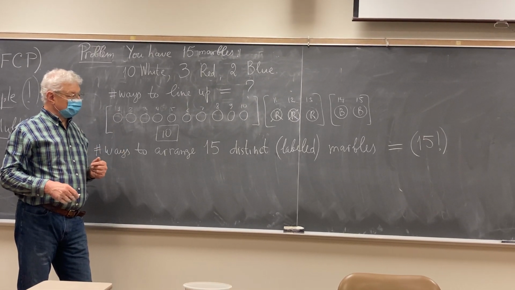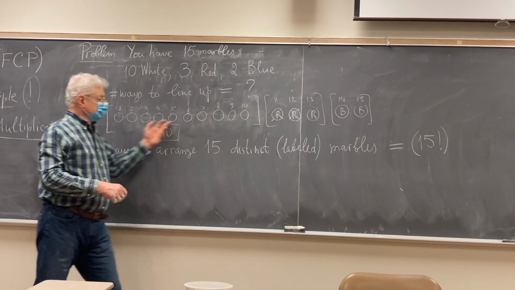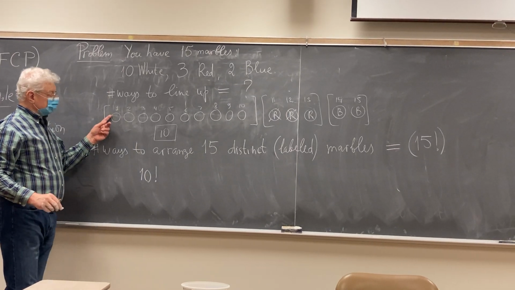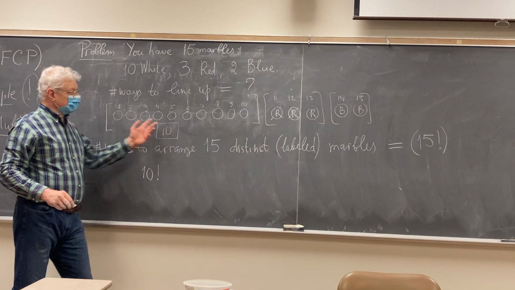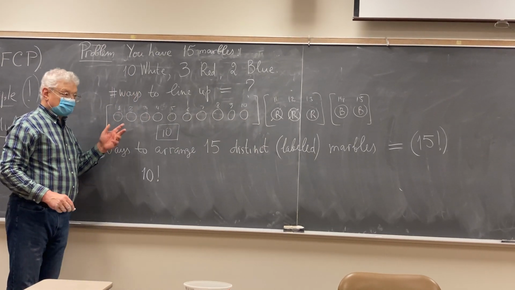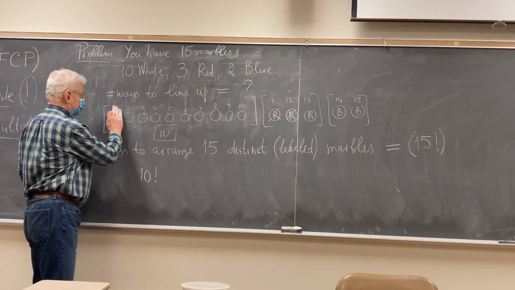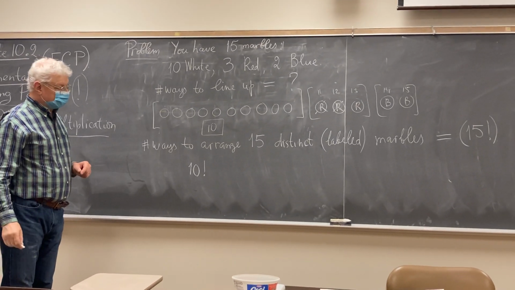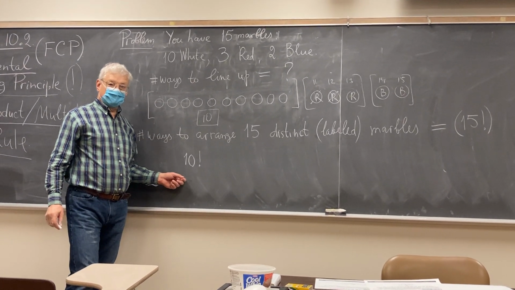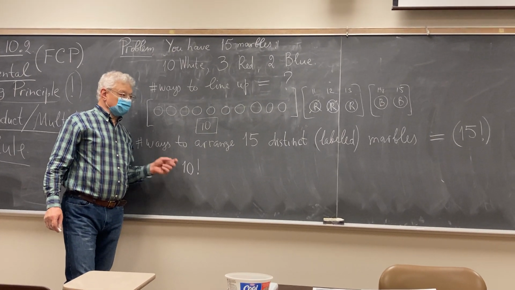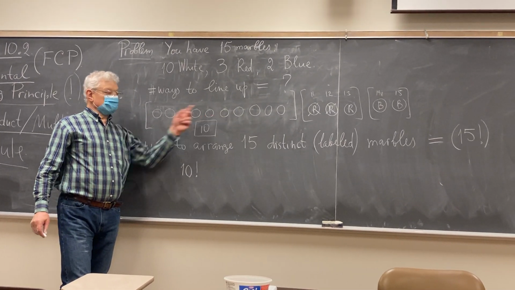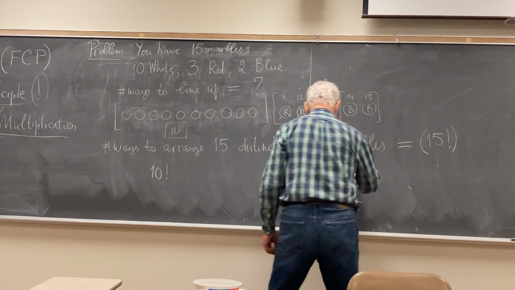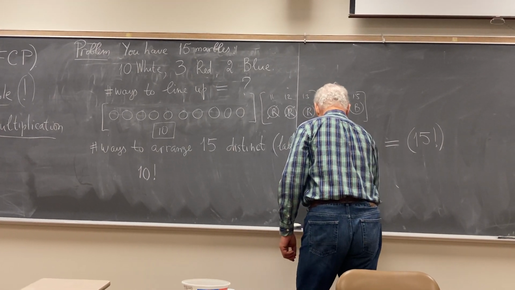If you have the labels, then I have 10 factorial different arrangements, but if I erase the numbers here, they are the same. So 15 factorial, I must divide by 10 factorial. I repeated the same arrangement 10 factorial times. So far, I have 15 factorial divided by 10 factorial.